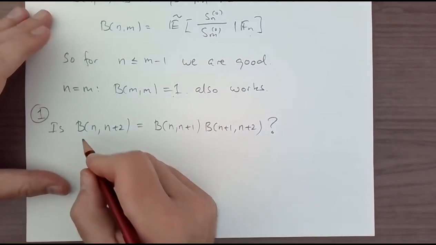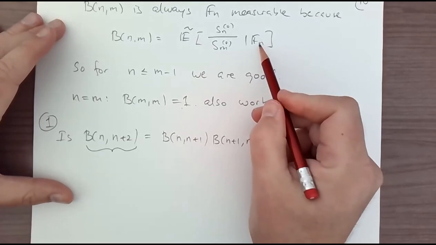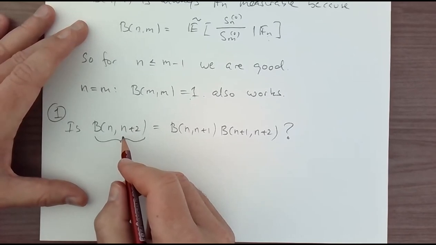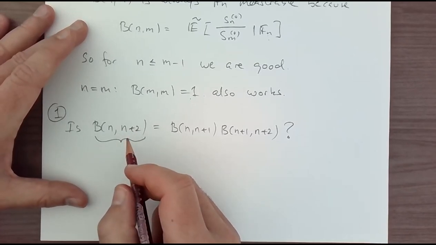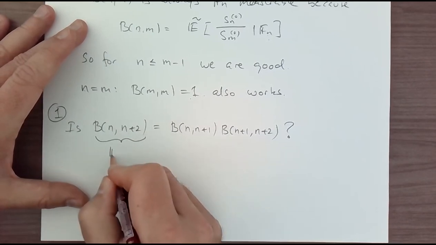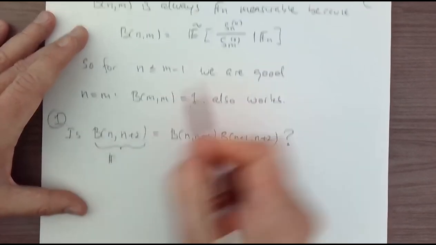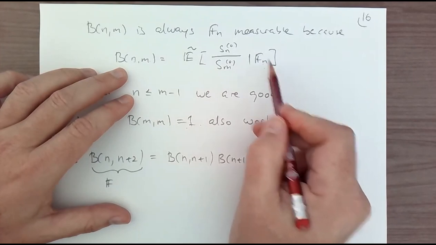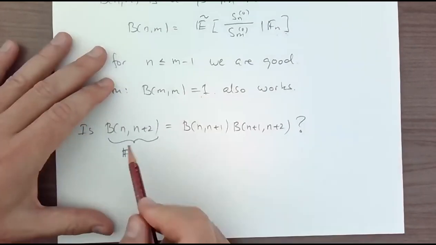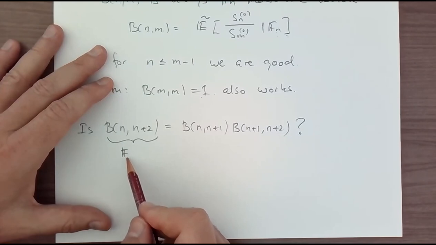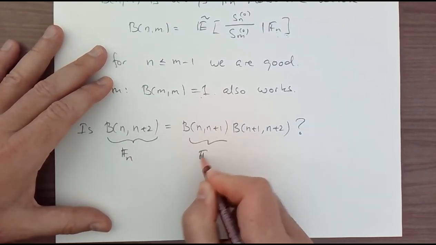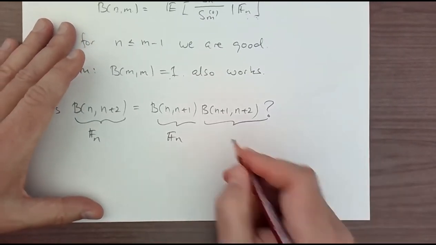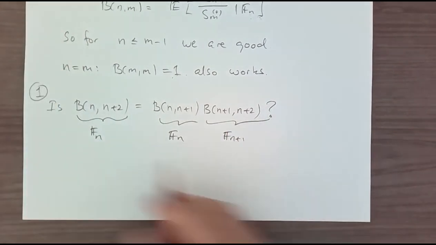Let's just try to keep things straight. This thing here is conditional on Fn. So this one here is measurable with respect to what? Fn plus 1, or n plus 2. So BNM, we condition on Fn, so this one is Fn measurable, right? And this one here is also Fn measurable. And this one here is Fn plus 1 measurable. So what do you think about the answer to the question?